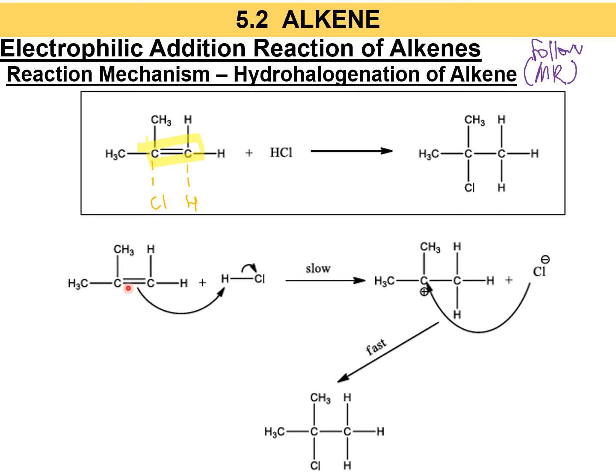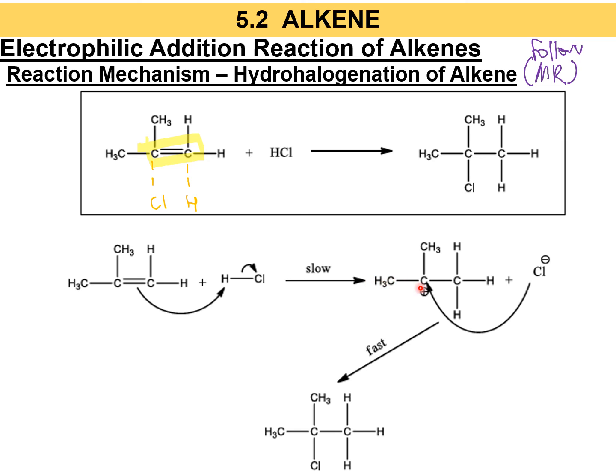Okay, so what happen here is, kalau let's say alkene ni, dia punya reaction mechanism dia, it will start with alkene dekat double bond ni, dia akan attack the hydrogen of the HCl, kalau HBr, tapi dia akan attack this hydrogen because dia akan ambil this hydrogen atom. Okay, lepas tu this hydrogen atom dia akan buat heterolytic cleavage, dia akan pisahkan bond dia bersama dengan halogen, and it's actually a slow reaction.